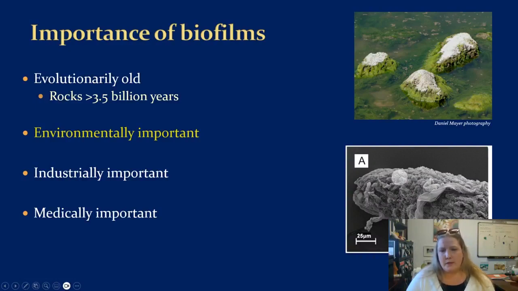They're also environmentally important because interactions between bacteria and archaea and plant roots are also very important for the health and survival of a lot of our plants, which of course most of us upper organisms rely on for food and nutrition. So here's a scanning EM of a plant root covered with bacteria.